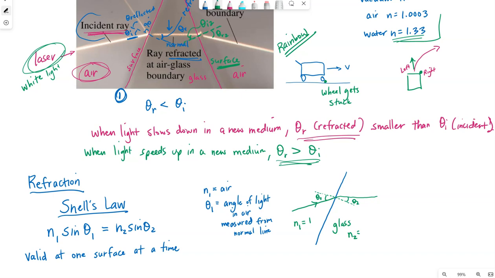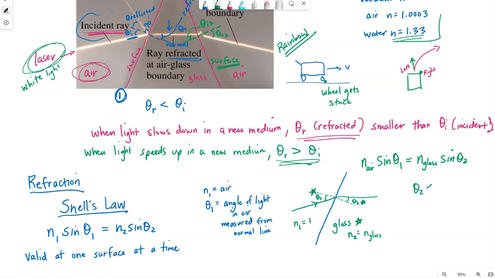So if we were to set up our equation, we would say N of the air, so the index of refraction of the air, times the sine of this theta 1 right here, the angle measured relative to the normal, would equal N of the glass, so we're now in this new medium, times the sine of theta 2, which is this angle that the light ray makes relative to the normal again.